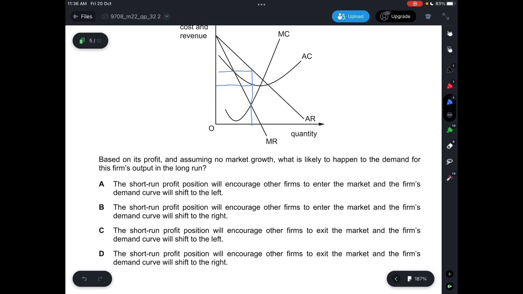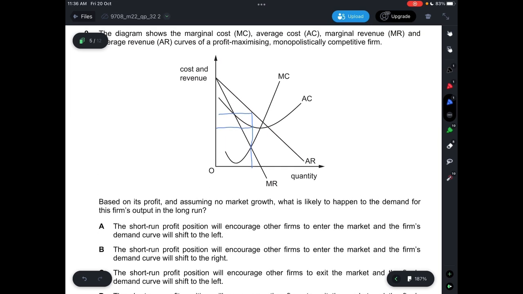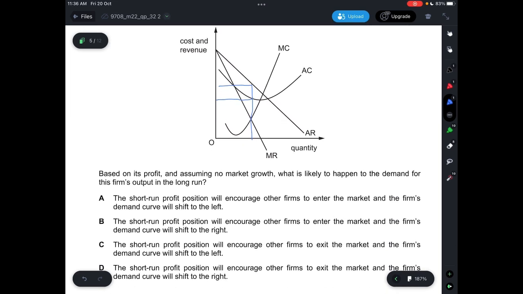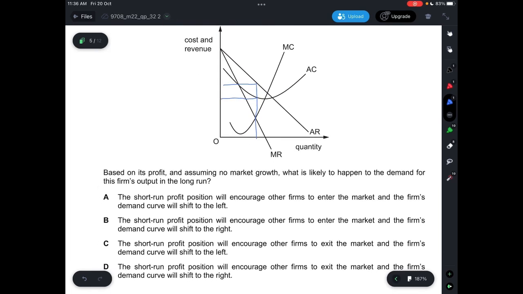Okay, so let's look at ABCD. A says the short-run profit position will encourage other firms to enter the market, and the firm's demand curve will shift to the left. Okay, so this one, you realize that this is actually a monopolistic competitive firm. If let's say in that particular market, firms are able to earn a profit, then many firms will enter.